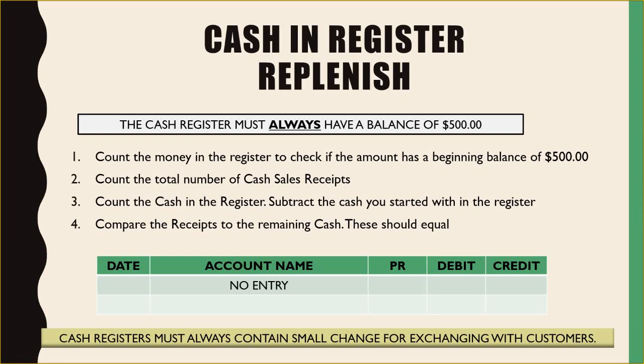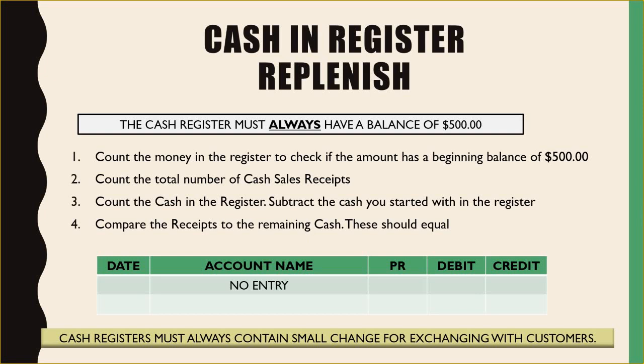So in this case, this is how we would replenish your cash register, because at the end of the day, you know that you started the morning in the cash register with $500.